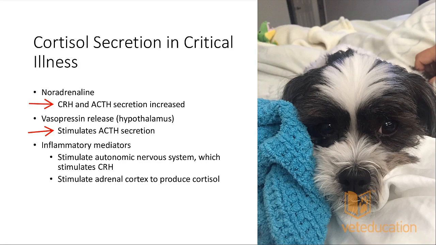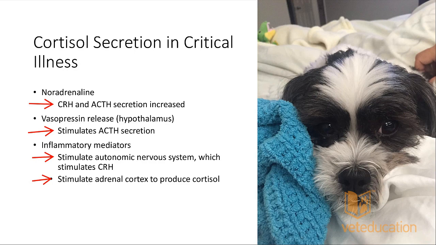We also have inflammatory mediators that act independently of our brain to just directly stimulate the adrenal cortex to produce cortisol. But there are other inflammatory mediators that stimulate our autonomic nervous system that also stimulates cortisol releasing hormone as well. So we have three mechanisms by which our patient in critical illness will directly stimulate our brain to tell our adrenal glands to make more cortisol.